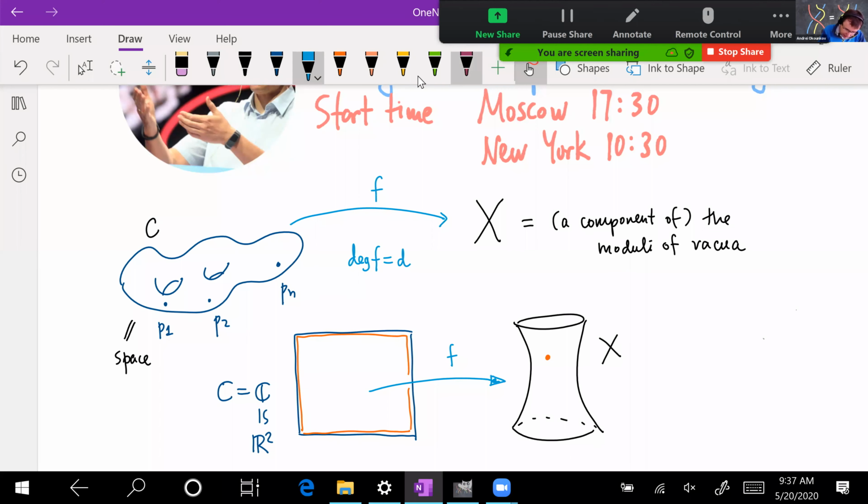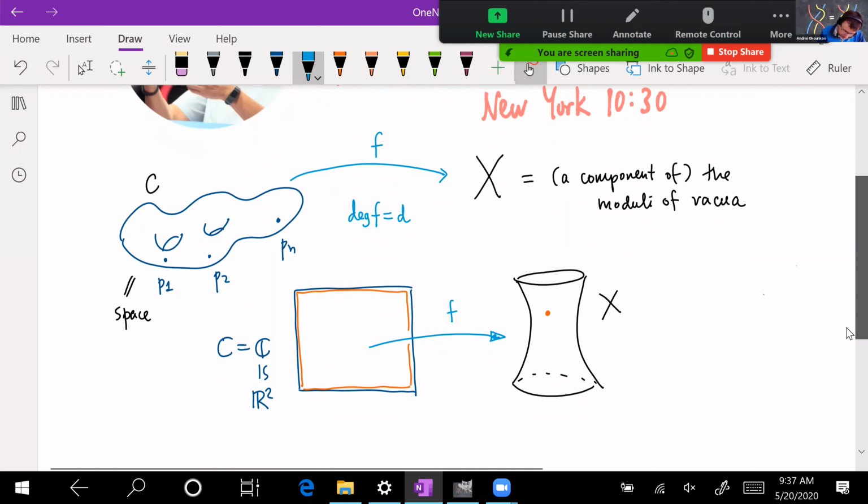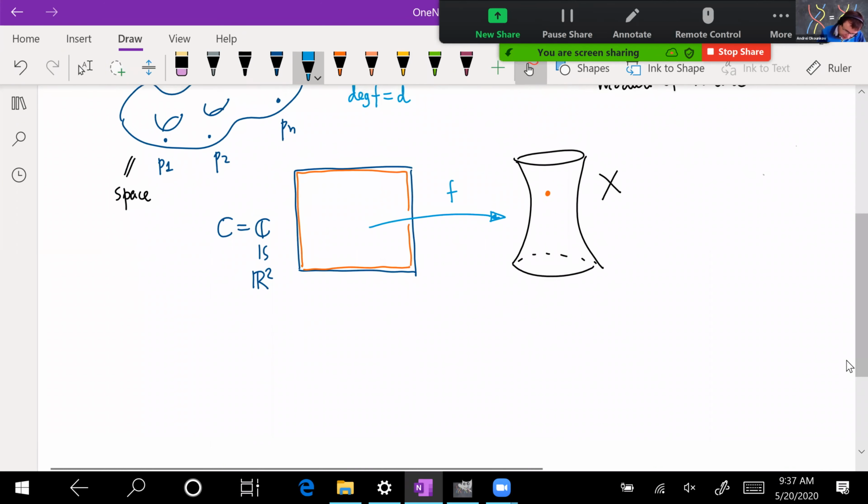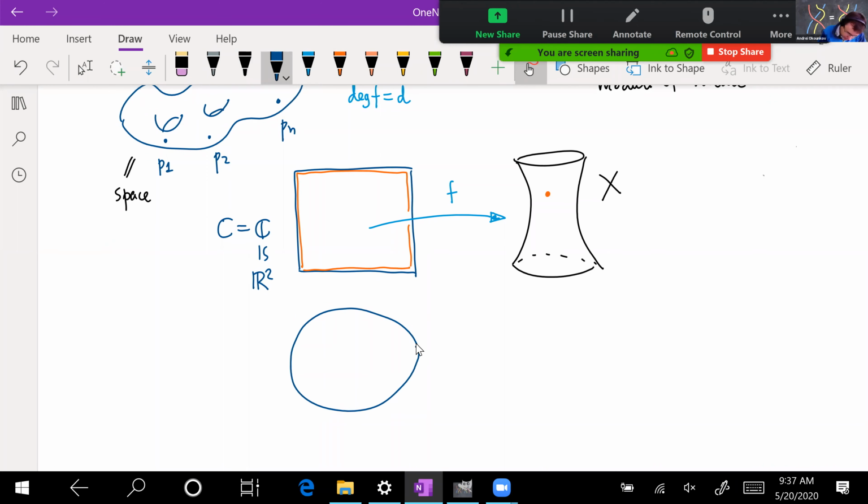So the way to say it in algebraic geometry is that you have a map of the Riemann sphere, this would be P1, and then there is this point at infinity.